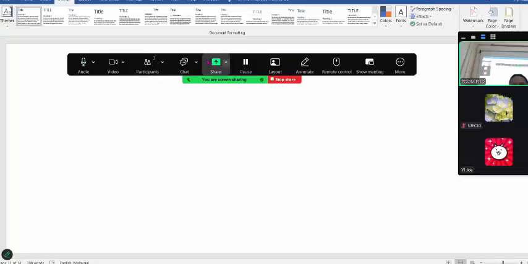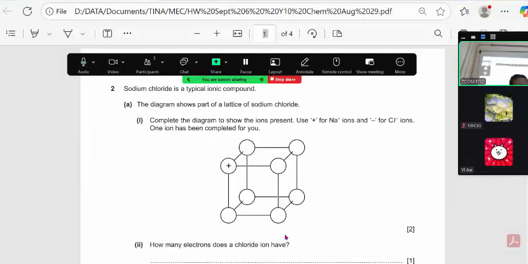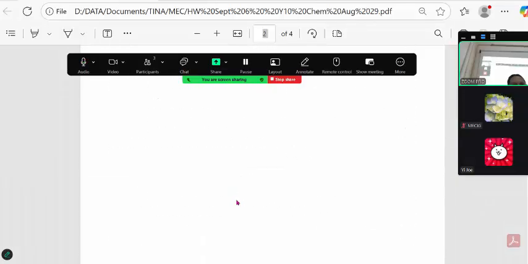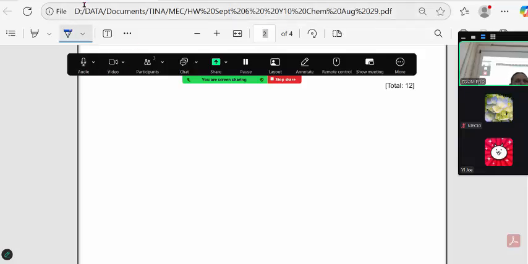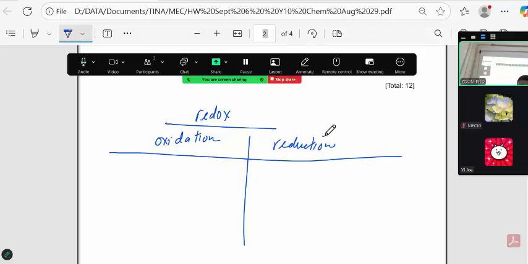Okay, so let's recap a little bit of what we learned so far. We talked about redox in terms of oxidation state. We talked about redox in terms of electron. Redox is oxidation and reduction happening at the same time, right?